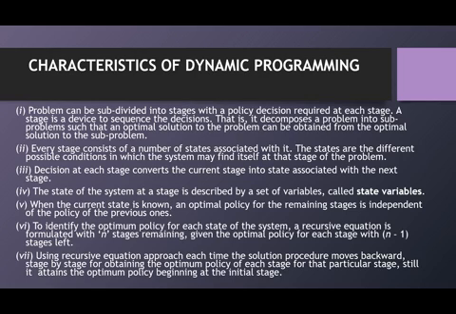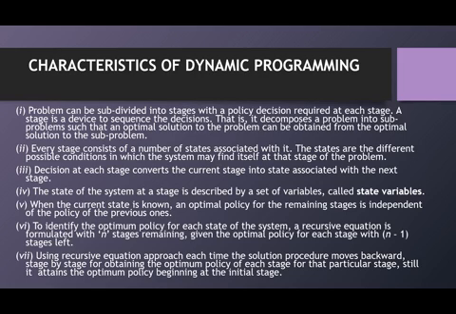To define an optimal strategy for n stages, you define it based on one stage along with the remaining n minus 1 stages. For those remaining n minus 1 stages, how will you define it? You will define it as one stage along with the remaining n minus 2 stages. This is the recursive relation that we need to maintain. That is what characteristic number 6 tells you.